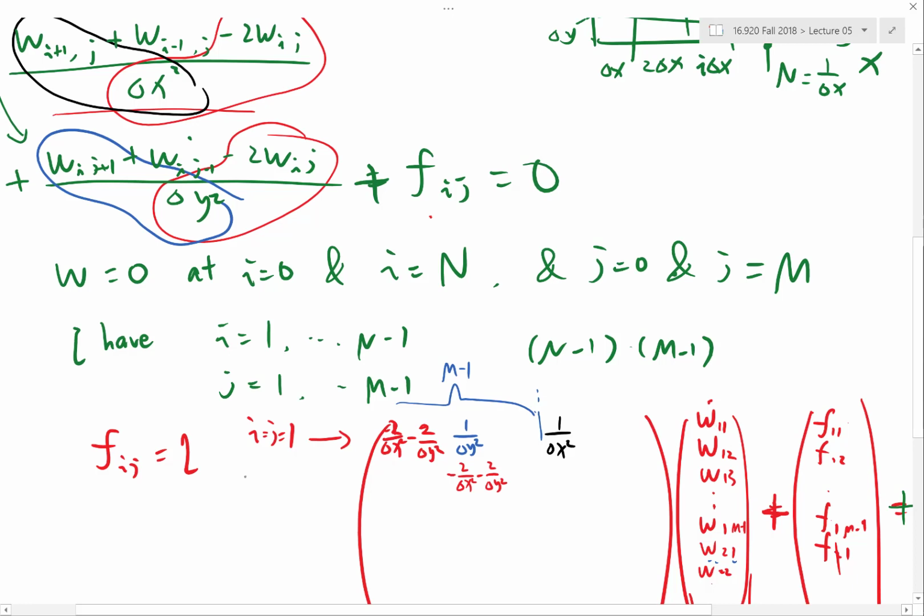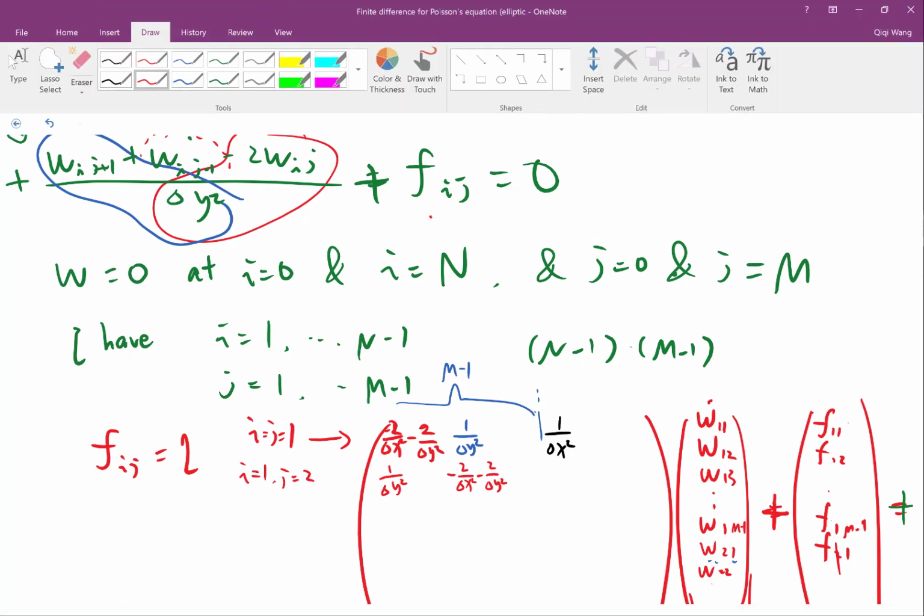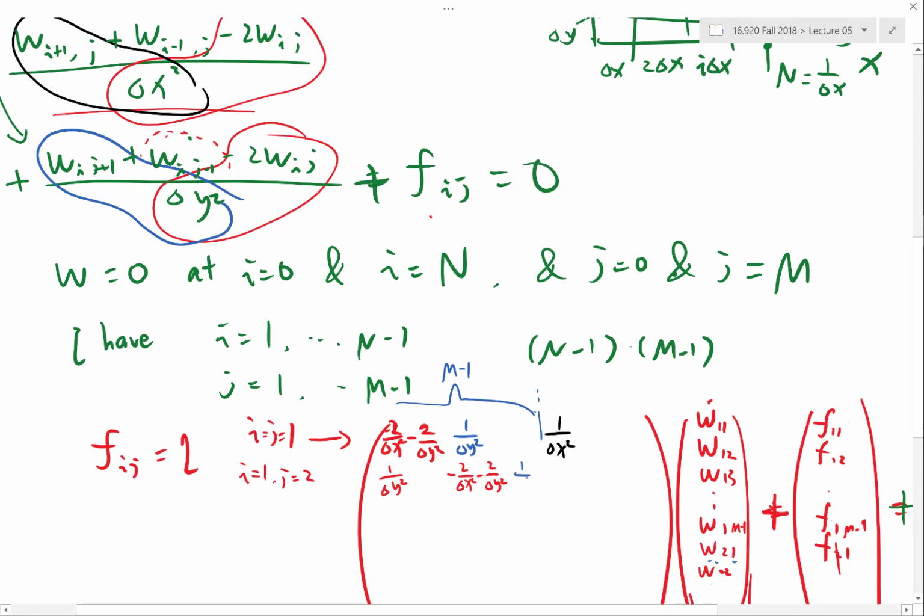Remember, this is i equal to 1, j equal to 2. So W11 is actually i,j minus 1. So in order to fill in the i,j minus 1 term, this term is now part of the unknown as opposed to part of the known. Otherwise I have the same thing.